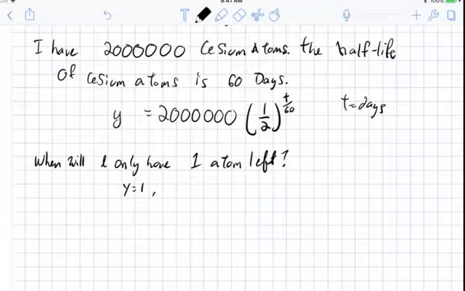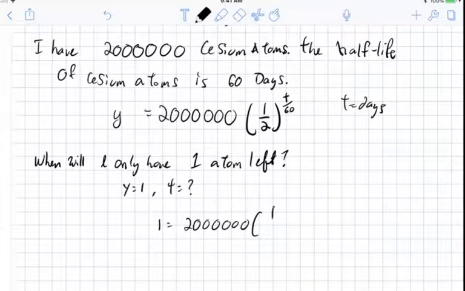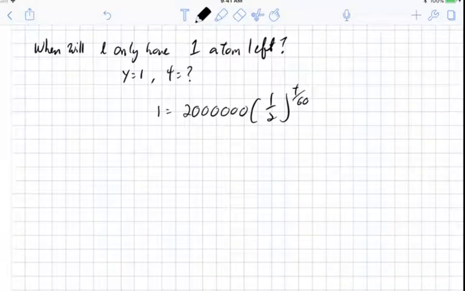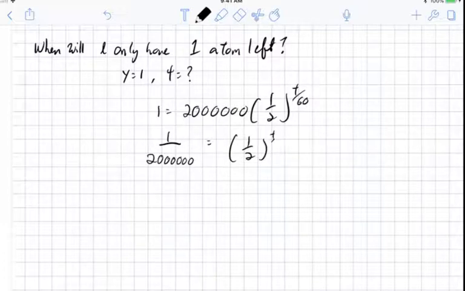I want to know what t is. All right, this one's extra weird. So what I'm going to do is essentially what I've done before. Divide everything by 2 million. So that's equal to 1/2 to the t over 60.